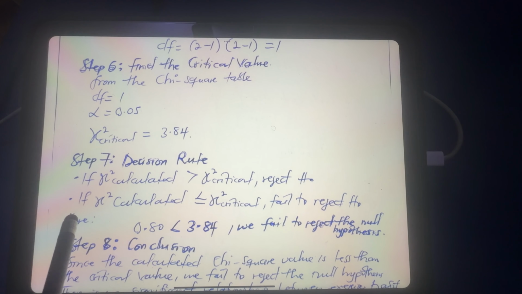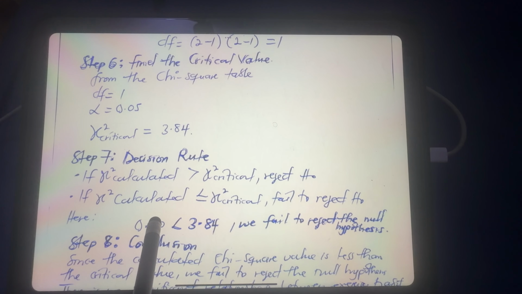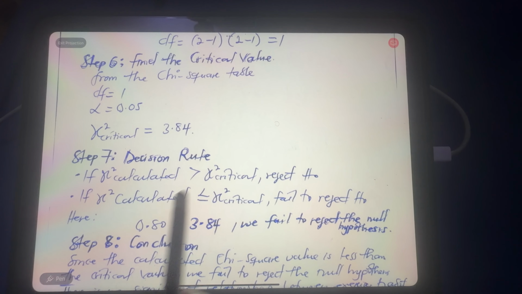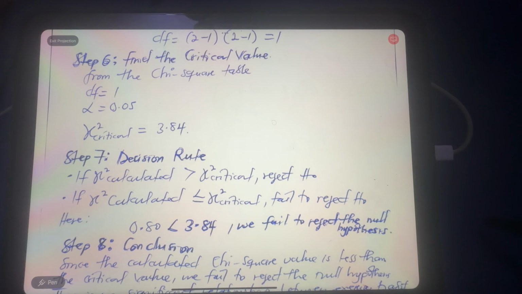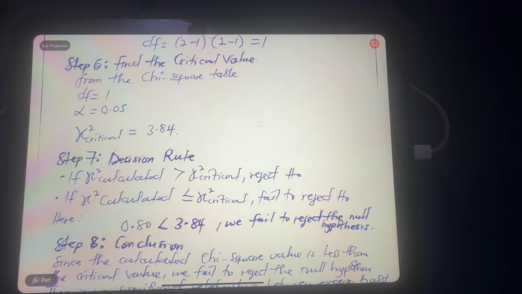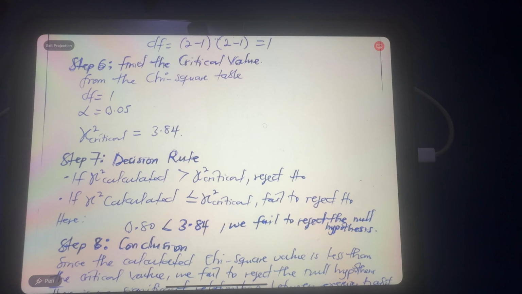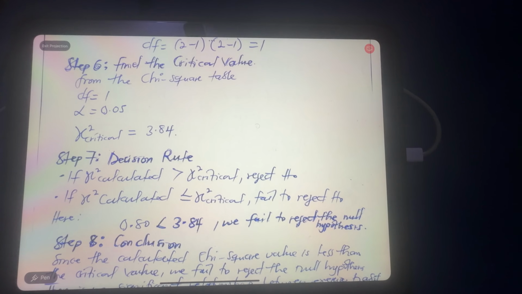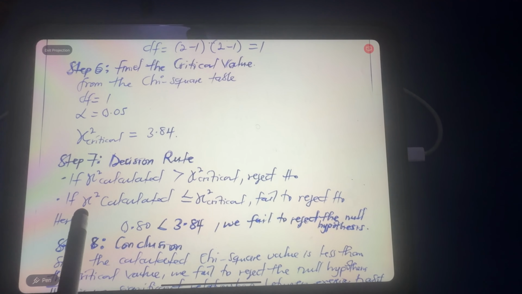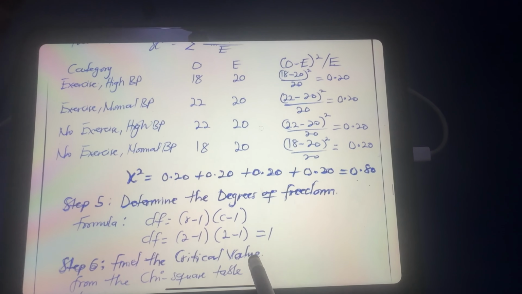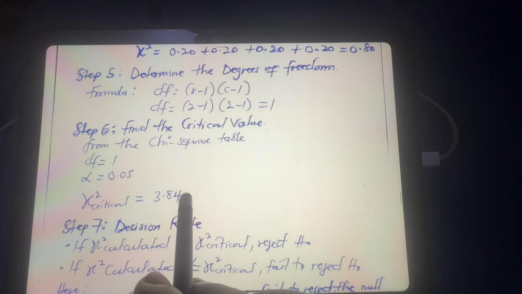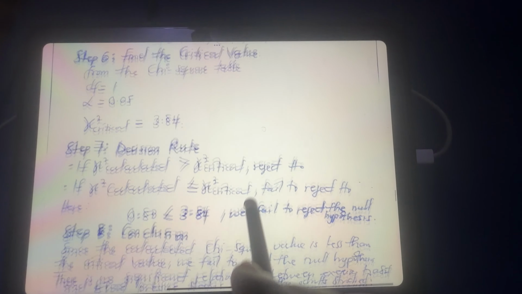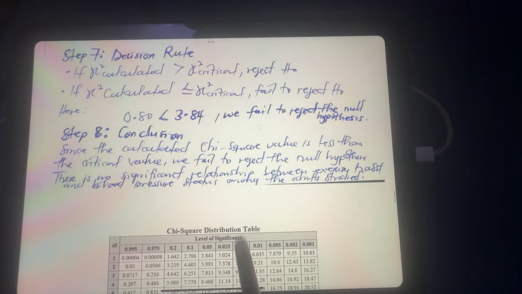Okay, come and look at the second rule. The second decision rule says that if the calculated chi-square is less than or equal to the critical value, fail to reject. Now, failing to reject is also the same as accepting the null hypothesis. So what we are saying is that if the calculated R squared is less than the critical value, fail to reject the null hypothesis. That is what has been written over here.